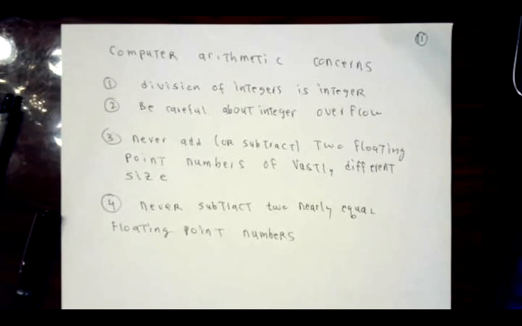And never subtract 2 numbers that are nearly equal, because you'll lose much accuracy by doing that. This seems to put us between a rock and a hard place here. As we go along in our algorithms, sometimes these issues will rear their heads and we'll have to deal with them.